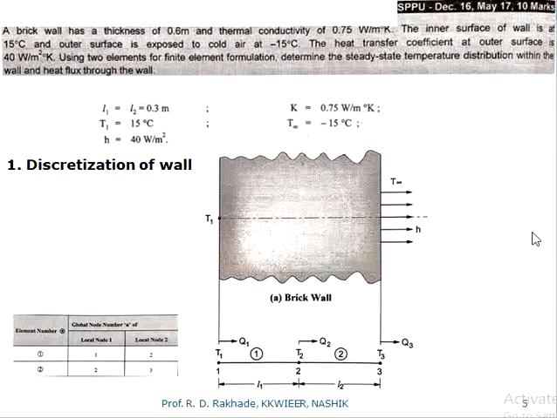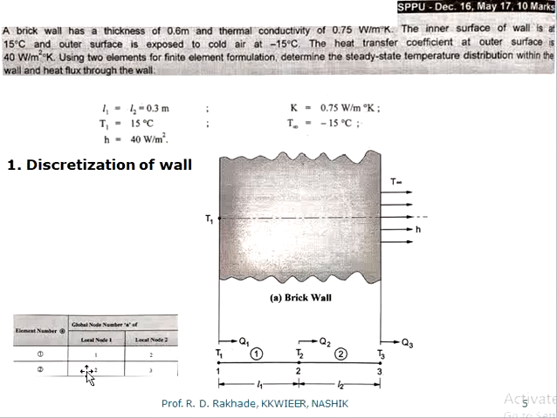So first step is discretization of the wall. The wall has length 0.6 meter. According to the problem, we discretize this wall into two elements, element 1, element 2. Element 1 has node 1 and 2. Element 2 has node 2 and 3.